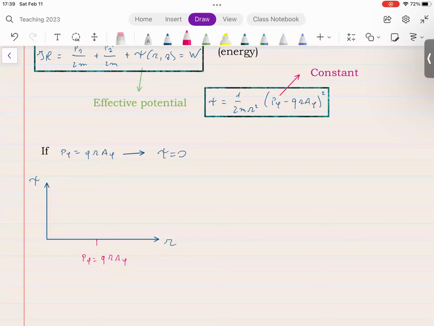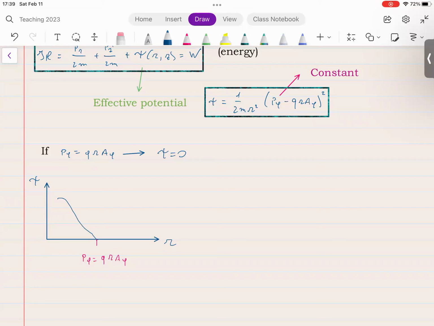It may come back down to 0 more than once, depending on what a phi looks like, since a phi in general is also a function of r and z. But in particular, around this point, if a phi doesn't change very quickly, this is going to look like a quadratic potential well, and then it's going to go wherever it's going to go.